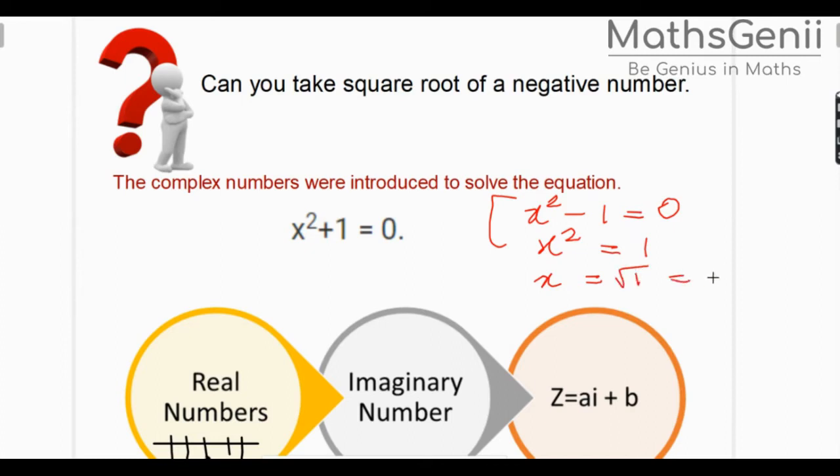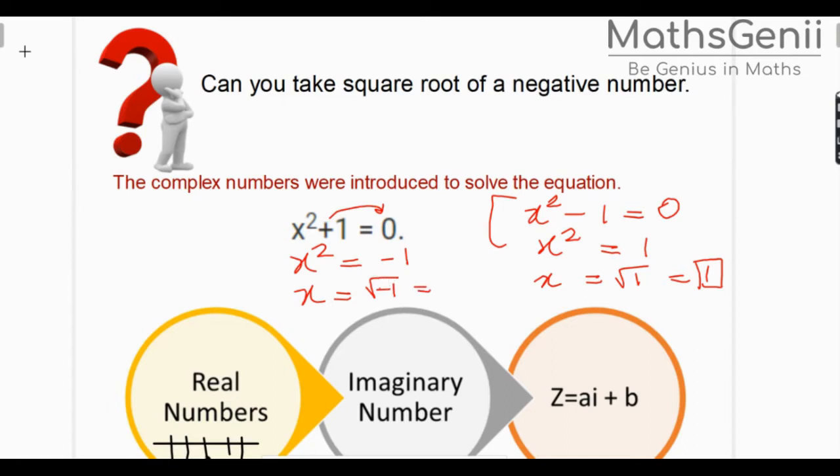Square root of 1 is what? 1 itself. But in this example, x square is equal to plus 1 goes that side, becomes minus 1. Does square root of minus 1 exist? No. But in our case, it does.